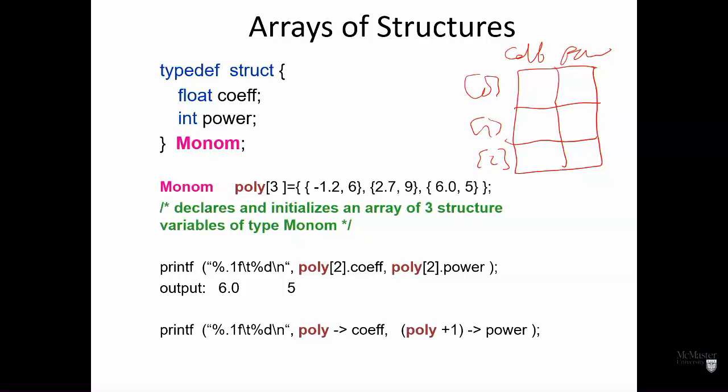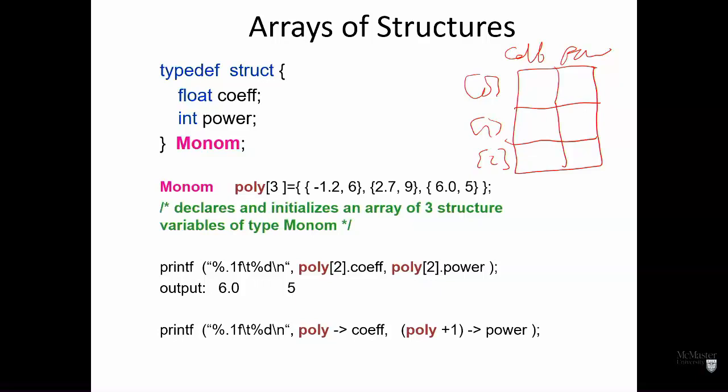Yeah. Negative 1.2 and 9. That's true. Thank you so much. Please give me your name afterwards. Right? So poly is an array. I said 1,000 times before that the array name is a pointer to the first element, right?